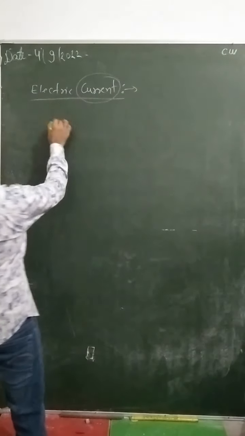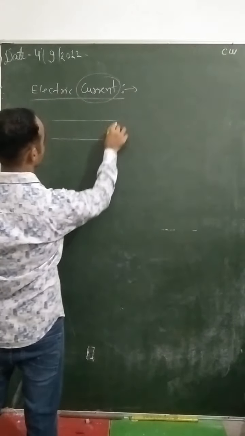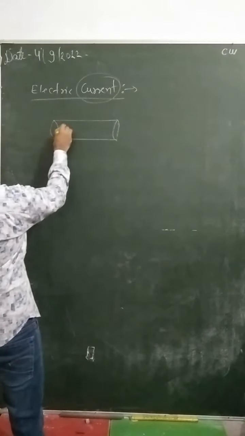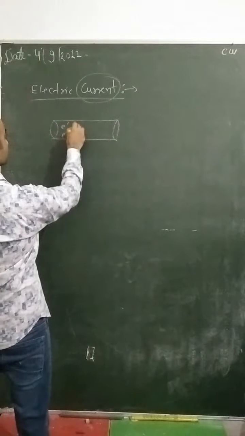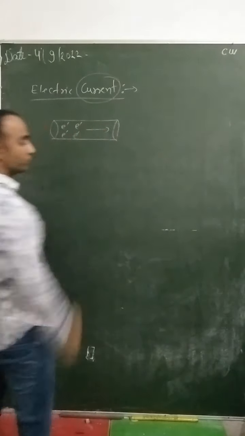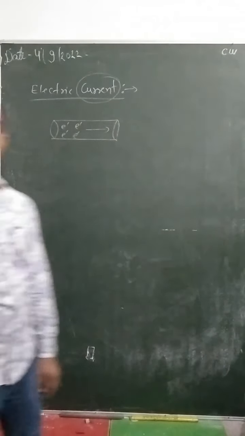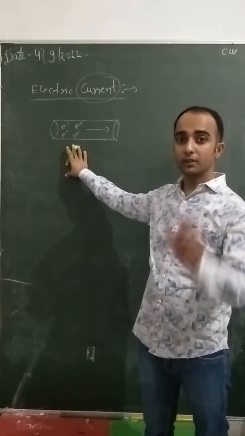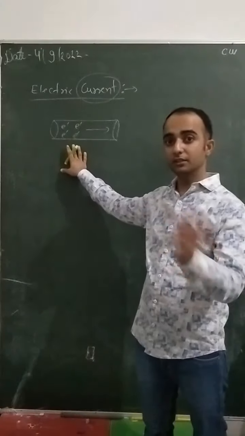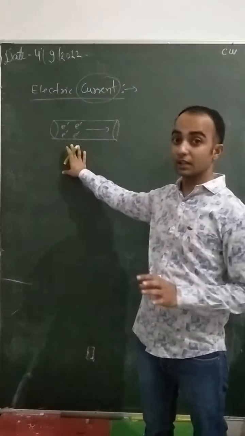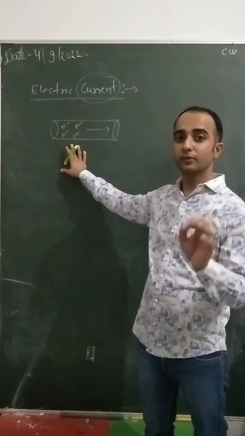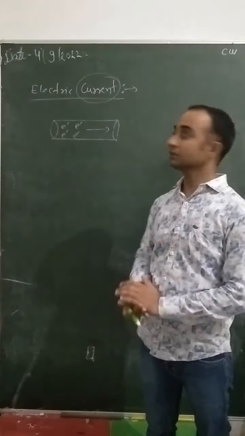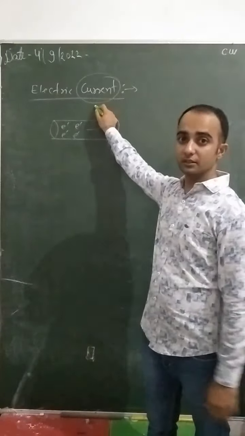Suppose we take a conductor piece, and some electrons are moving in it through the conductor in a particular direction. These electrons are free electrons which will take part in electric current. So these are the charge carriers, or you can say free electrons. Free electrons will move in a particular direction, then they will make an electric current.